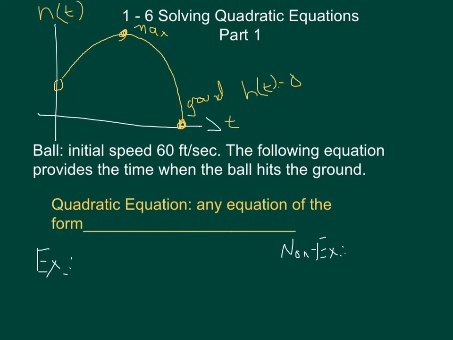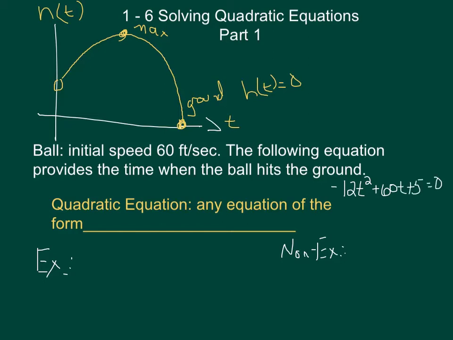Now, we say that the ball has an initial speed of 60 feet per second. I'm going to give you an equation that provides the time when the ball hits the ground. And here it is. I'd like for you all to write it down. It's negative 12 t to the second power plus 60t plus 5 equals 0.